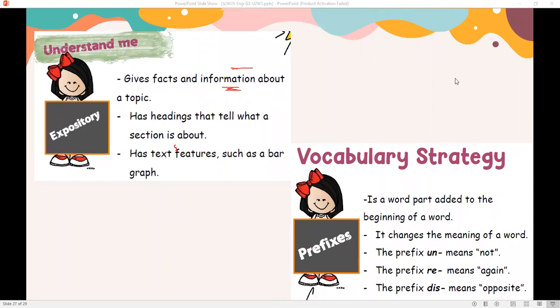Now, regarding the genre of the lesson, this is expository. Why? Because it gives facts and information about a topic, which is voting. It has headings that tell what a section is about. If you remember the headings, let me see if I can go back.